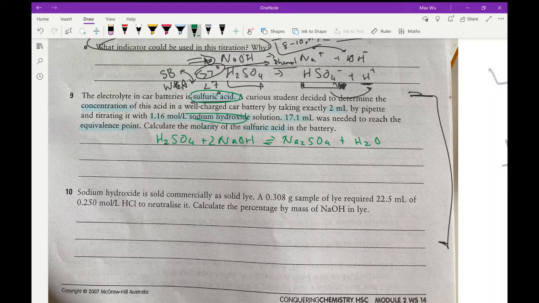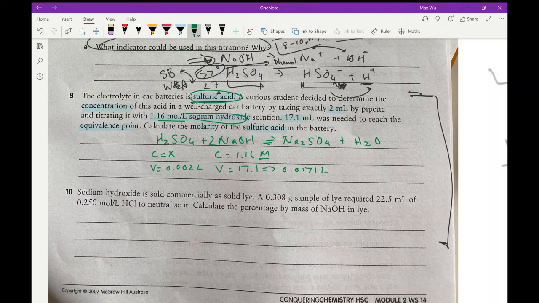We want to determine the concentration of the acid, so it's X. By taking 2 mL of it and titrating, so volume is 0.002 liters, titrating it with sodium hydroxide at 1.16 moles per liter, so that's the standard concentration, so we'll do M for molarity. Then we needed how much? We needed 17.1 mL, which is 0.0171 liters to reach the equivalence point.